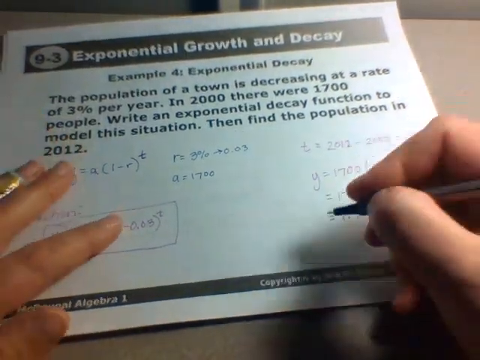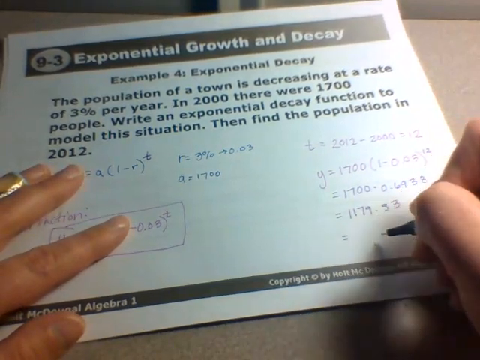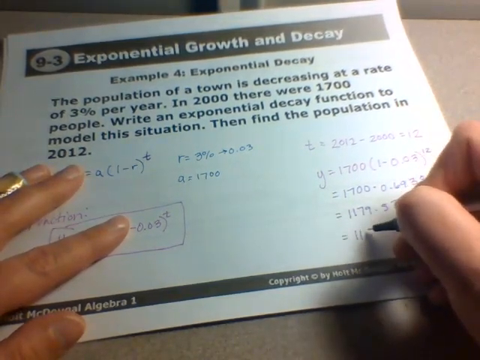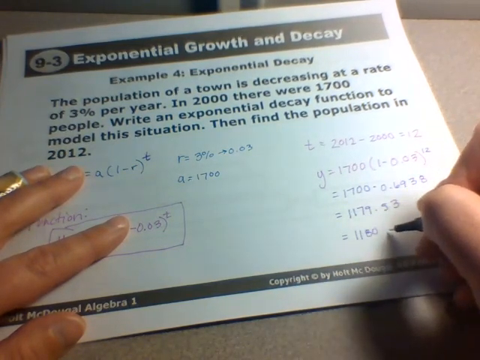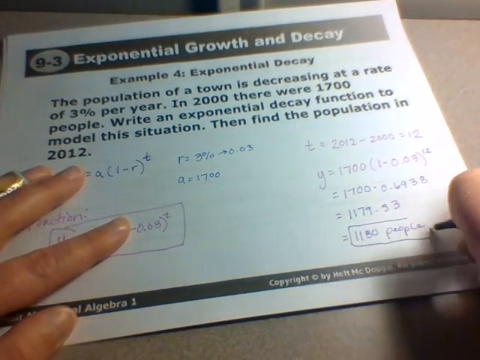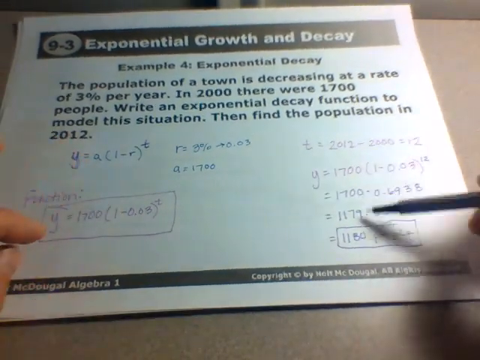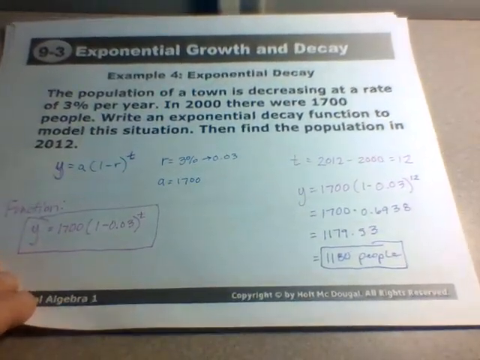And of course, we are talking about people, so population really can't be 1179.5, so we'll do 1180 since it says 0.5. And again, double checking that our equation worked. We did actually go down in population, so it was doing the correct movement.